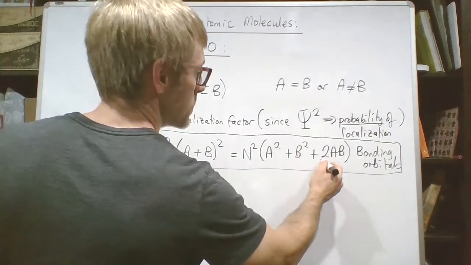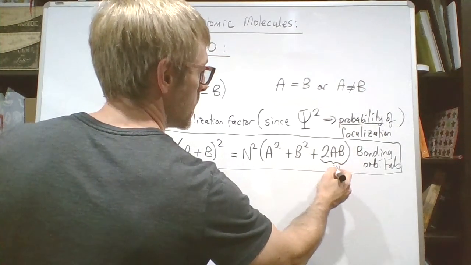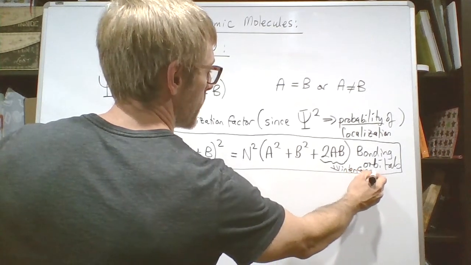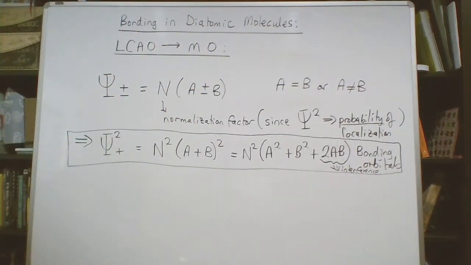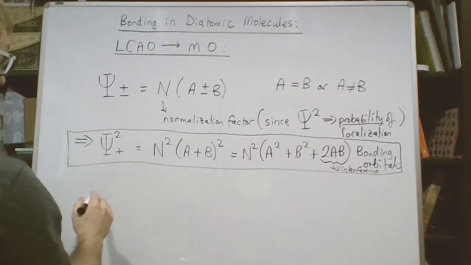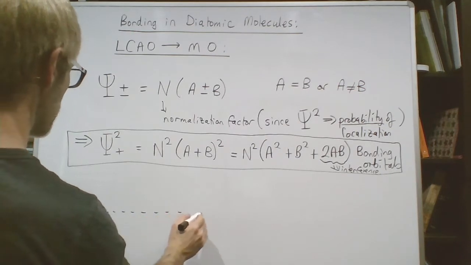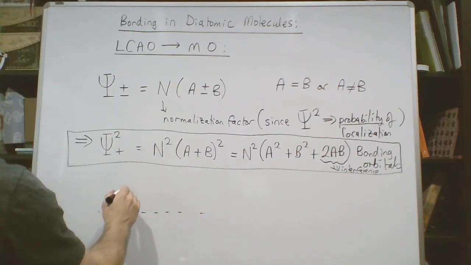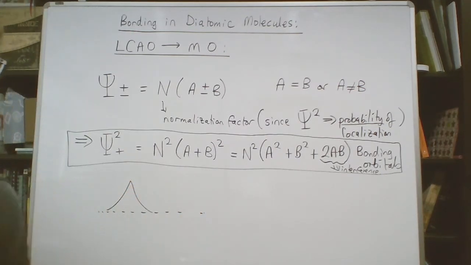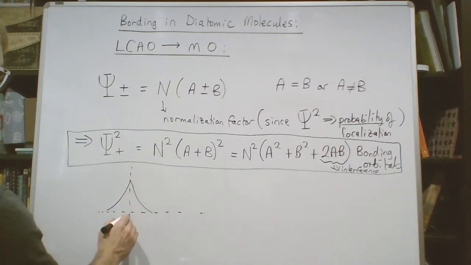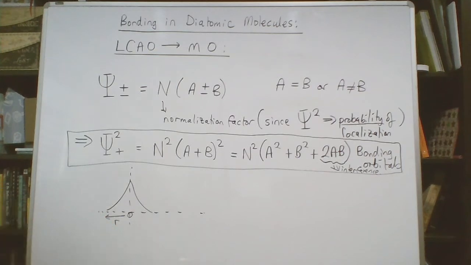Again, you can interpret this as interference. You can call that a bond if you like. So if we were to plot this out, we would have, for example, let's say this is the location, if radius r is distance from the nucleus.